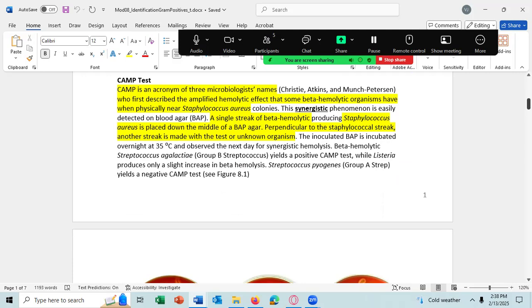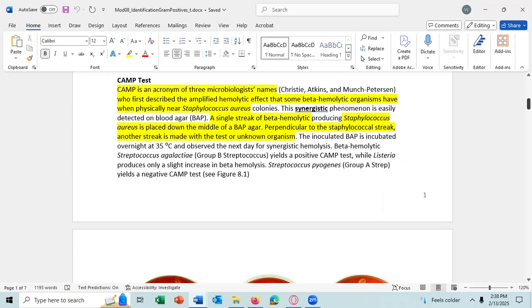CAMP is an acronym for the three microbiologists' names who invented the test. So C in CAMP from Christie, A for Atkins, and then MP for Munch Peterson. They first described an amplified hemolytic effect that some beta hemolytic organisms have when they physically grow near Staphylococcus aureus colonies.